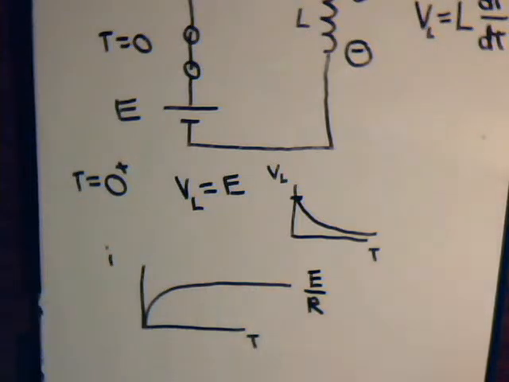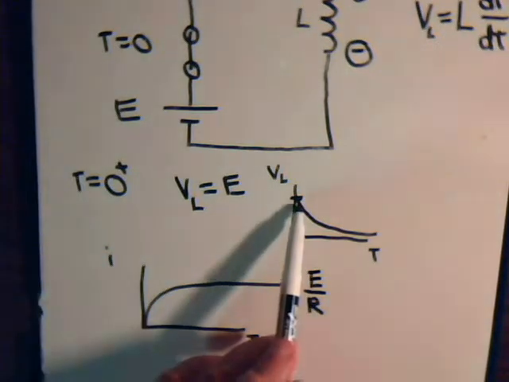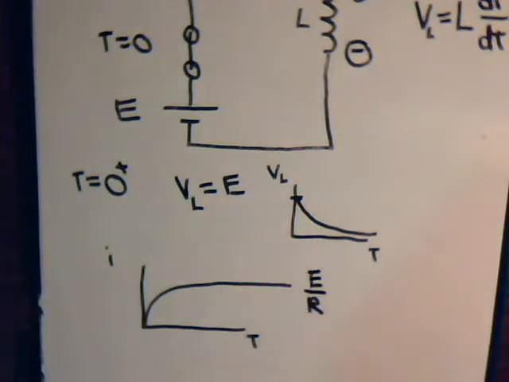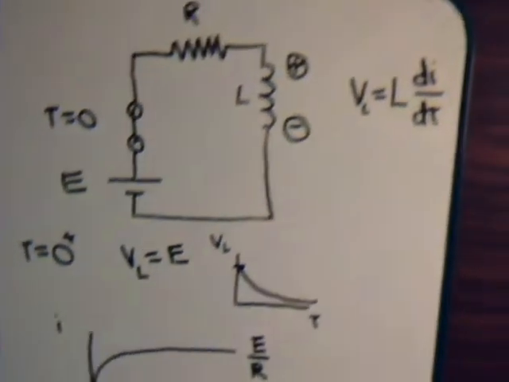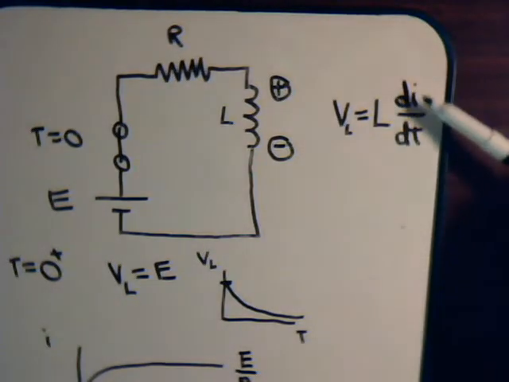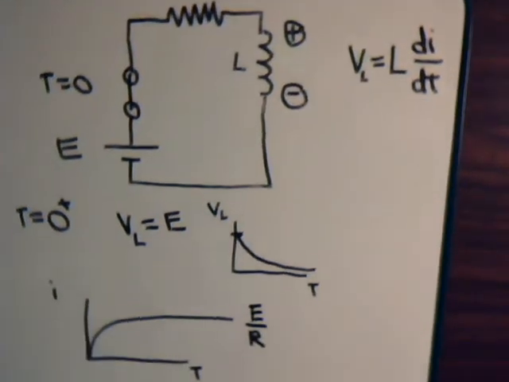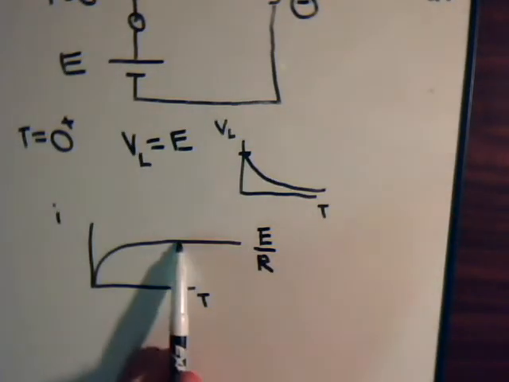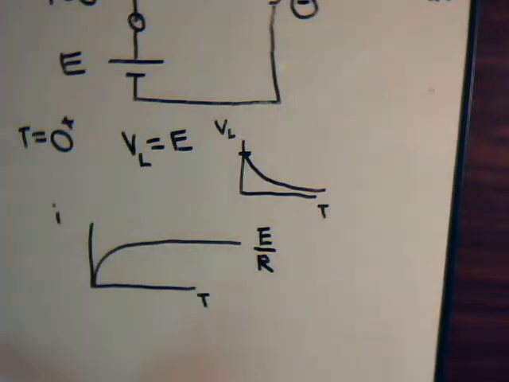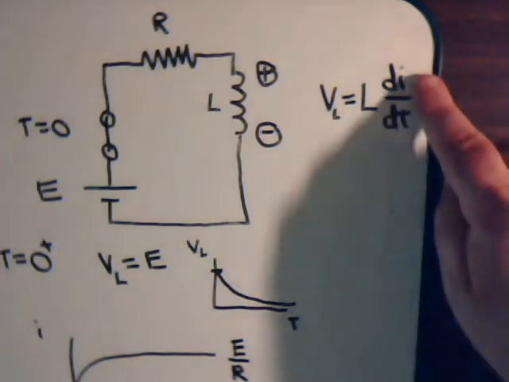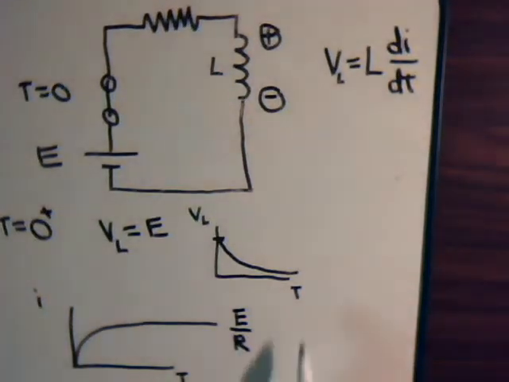As its slope gets smaller, the voltage becomes less and less, until finally the curve is flat, its slope is 0, and there is no more induced voltage across the coil. That essentially is what we discussed in the previous video.